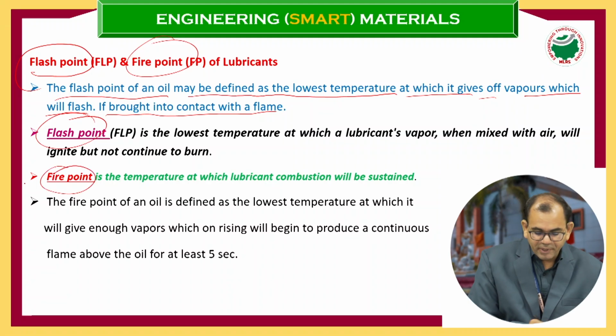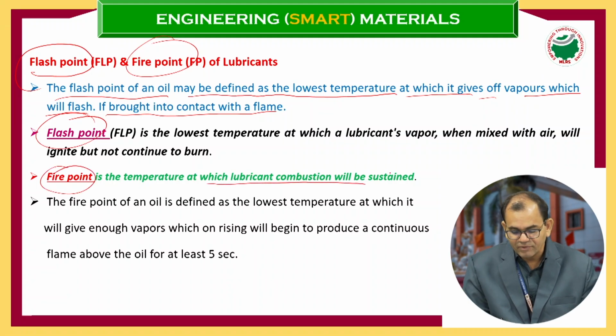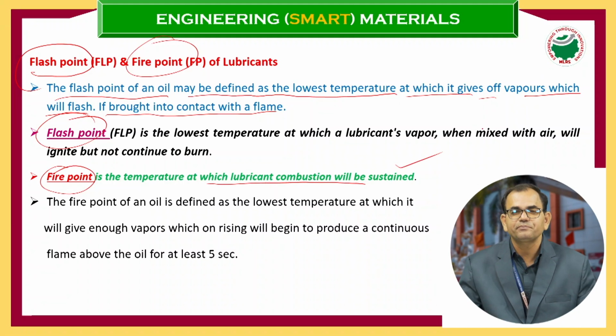Fire point is the temperature at which lubricant combustion will be sustained. For example, we are operating a car. Whatever temperature is generated after 100 kilometers, the same or more or less the same temperature will be there after 200 kilometers also.